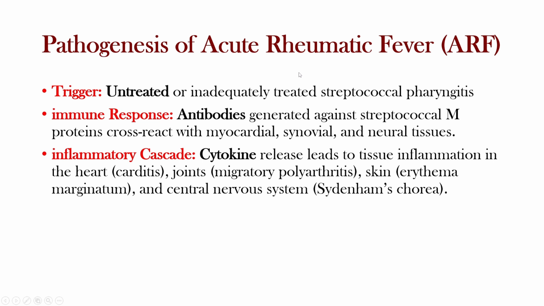The pathogenesis of acute rheumatic fever. First of all, we have a trigger: untreated or inadequately treated Streptococcus pharyngitis, then an immune response, with antibodies generated against streptococcal proteins that cross-react with, as we said, brain, skin, and other tissues.